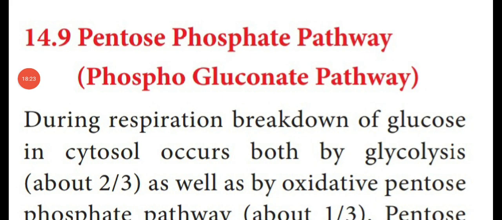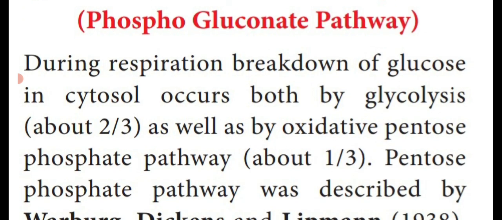Dear students, up to this we have seen aerobic and anaerobic respiration and the different stages. Next, we are going to see the alternative path of glycolysis, known as the pentose phosphate pathway or phosphogluconate pathway.